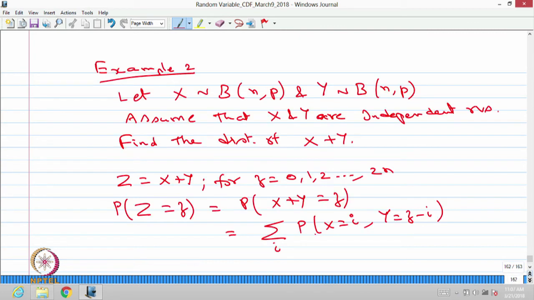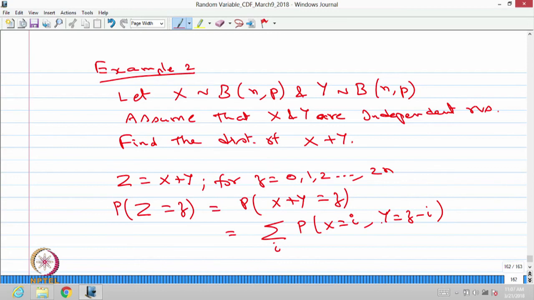Now, I am going to use the independence concept. That means the probability of x takes a value i and y takes a value z minus i is the same as, since these two random variables are independent, the probability of x takes a value i multiplied by the probability of y takes a value z minus i. That is why I made the assumption that these two random variables are independent, otherwise I cannot proceed further.